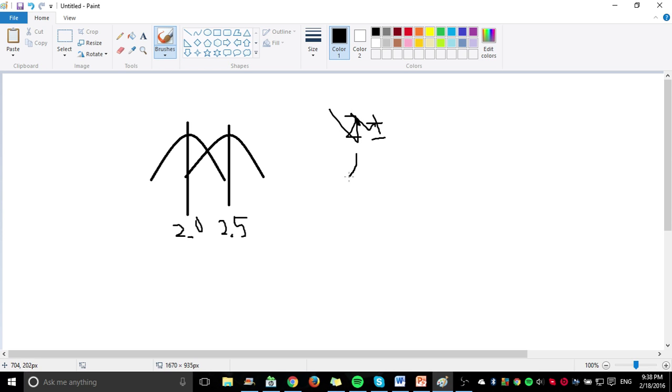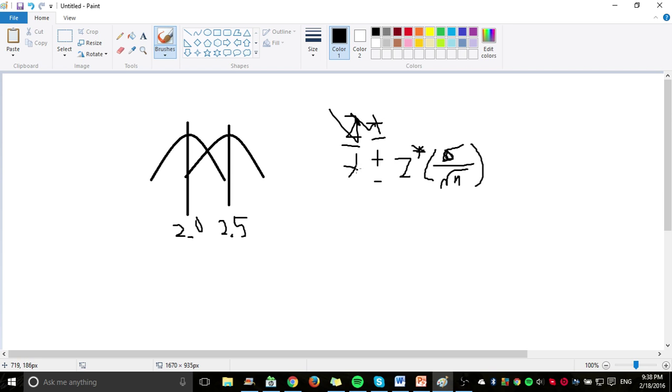That's not z. It's supposed to be x bar plus or minus the z star, whatever you want to call it, and then the standard deviation, which is sigma over the square root of the sample size.